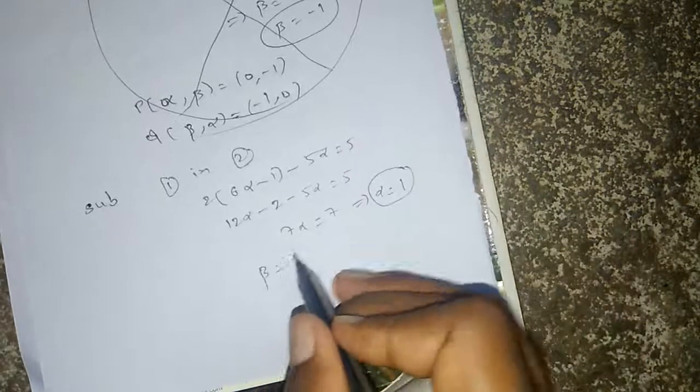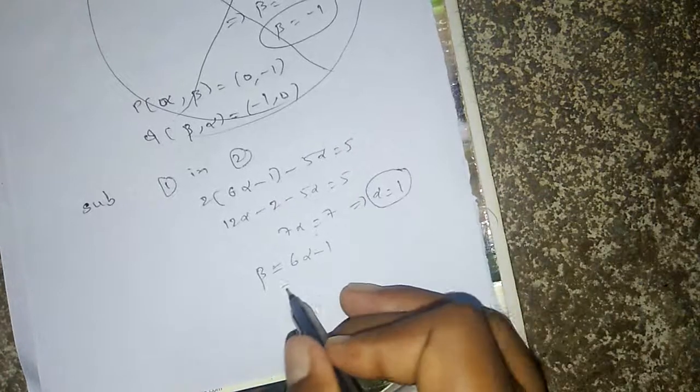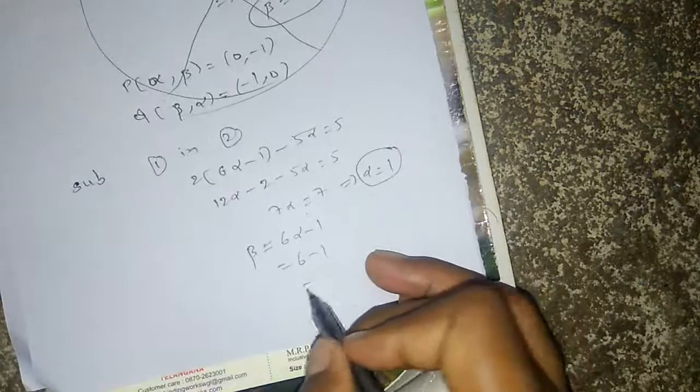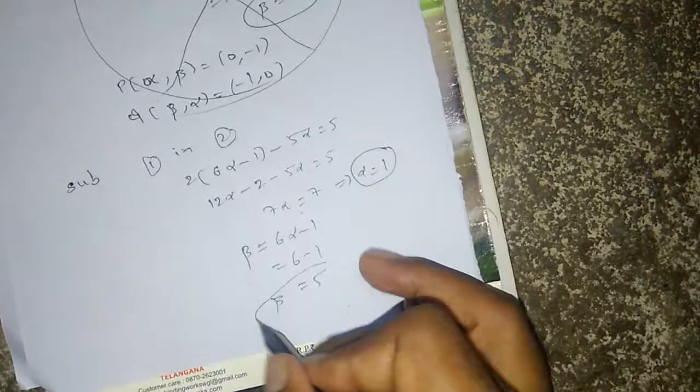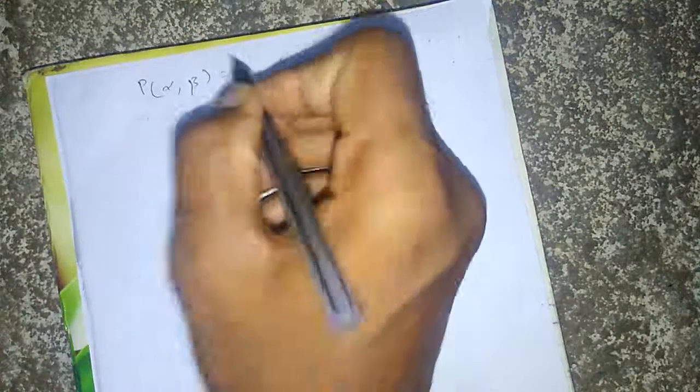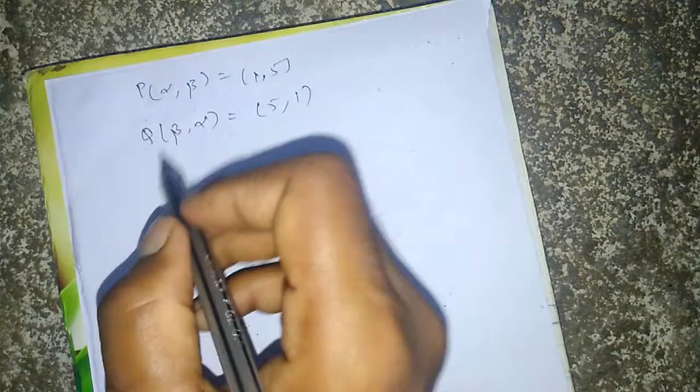Now beta is equal to 6 alpha minus 1, that is 6 minus 1 is equal to 5. Beta is 5. P is (alpha, beta), that is (1, 5). Q is (beta, alpha), that is (5, 1).